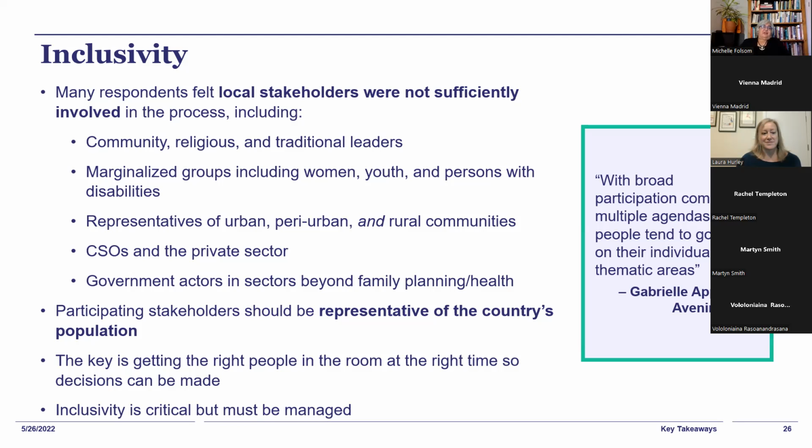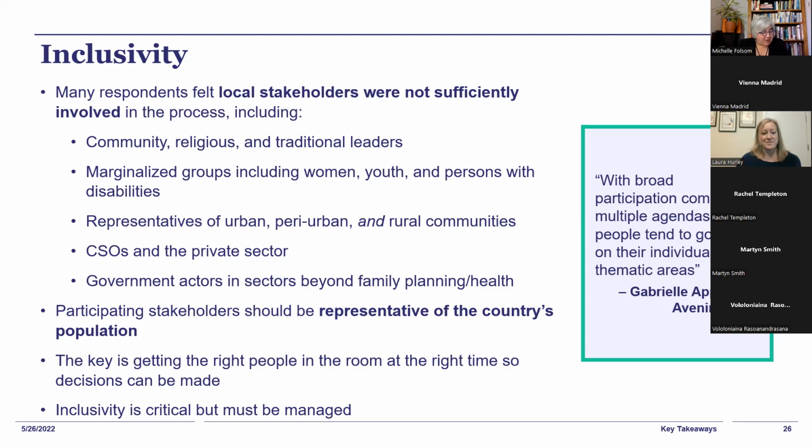And I think one of the most important things to remember is that inclusivity is critical. We have to get as many stakeholders involved as possible. But again, it needs to be well managed and it needs to be facilitated. So it can't be that just the loudest voice in the room is taking control and dominating the situation.